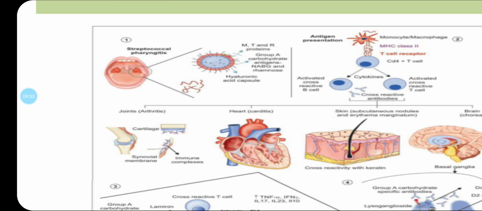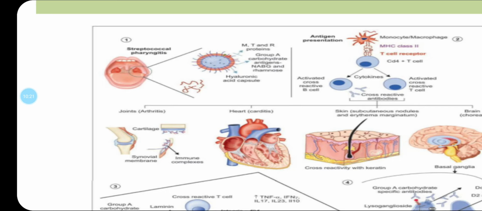In the joints, they attack the synovial membrane and produce arthritis. In the heart, they attack the endocardium, myocardium and the pericardium and cause pericarditis. In the skin, they produce two important types of lesions: one is erythema marginatum and the other is subcutaneous nodules.